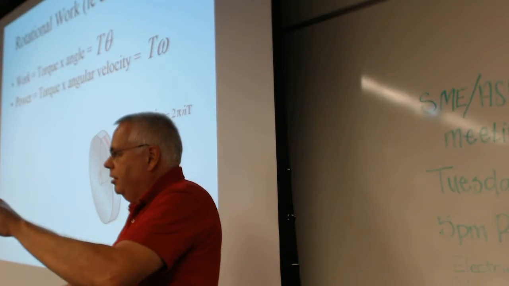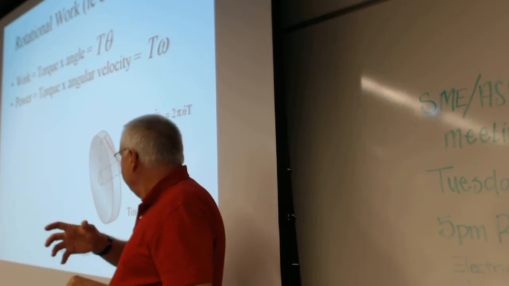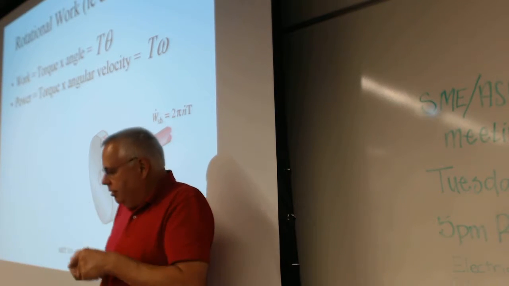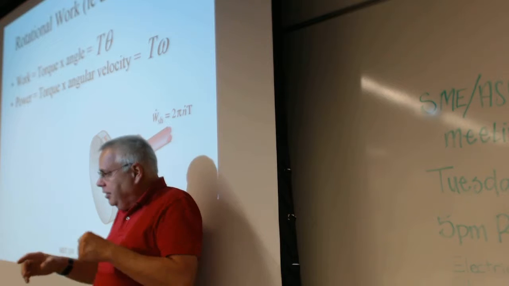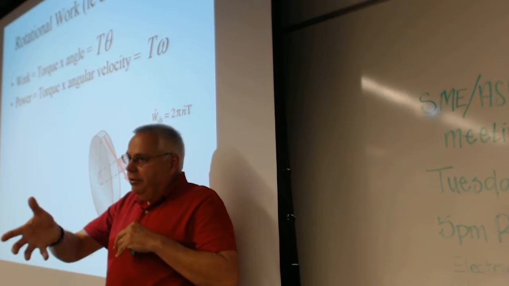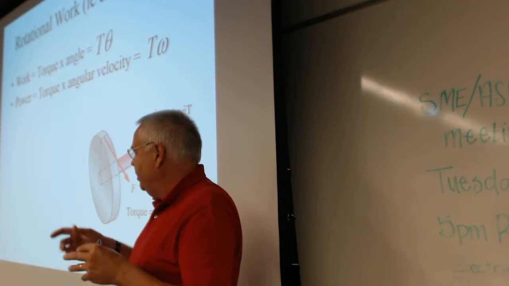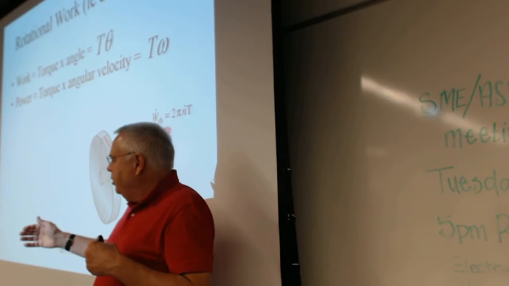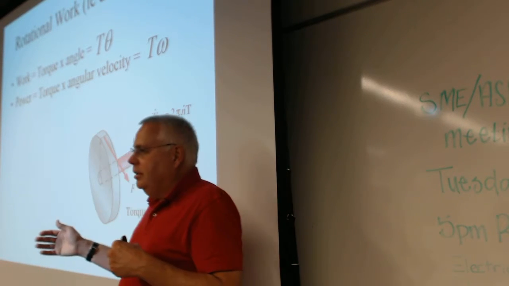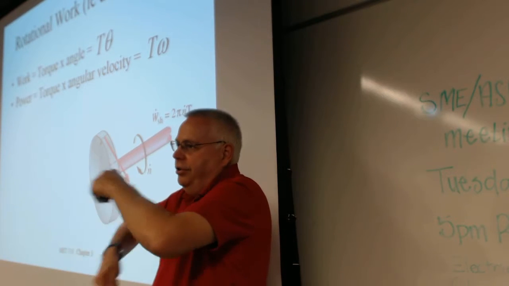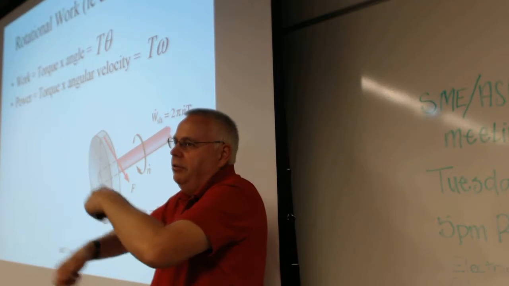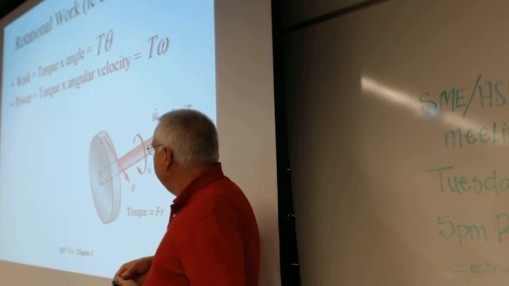That causes a torque. The torque causes a rotation. Your wheel's going to turn. The ground's going to go underneath you as far as how much the angle that your wheel went through, and the amount of force you put on there. That's the work you did. How much power is how fast you turned, the rate at which you did that work.